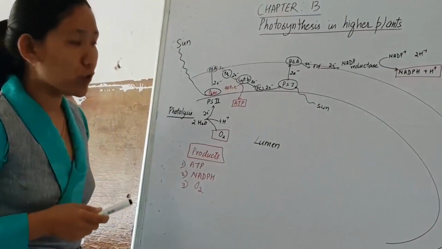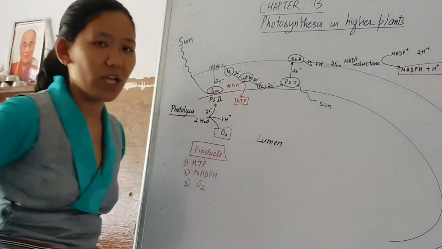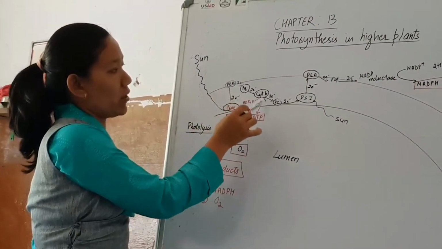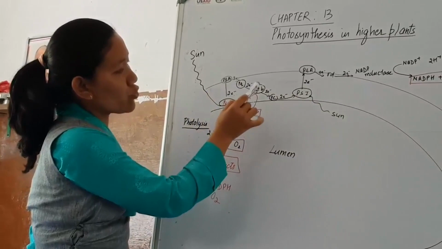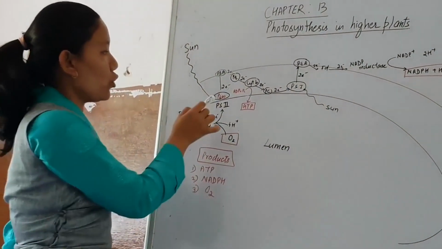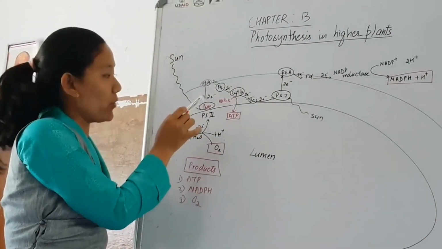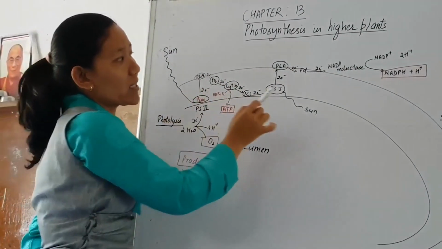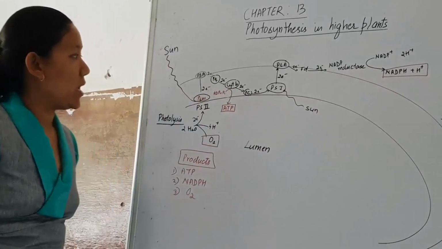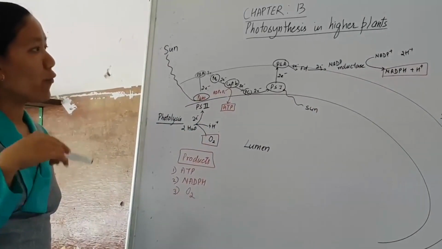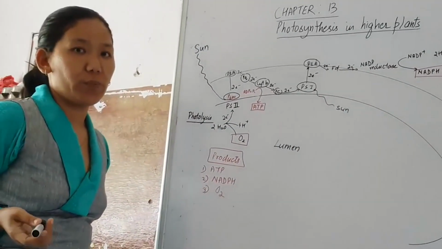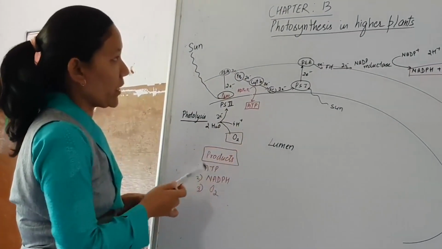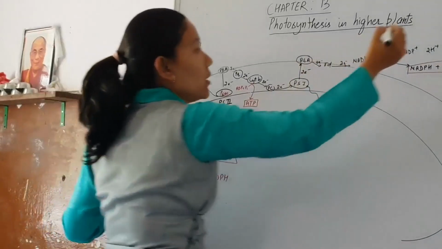And in these reaction steps, if you trace the electron, you can see that the electron lost by P680 or photosystem 2 is not returned back. It is ultimately accepted by NADP+. So here the flow of electrons is unidirectional.